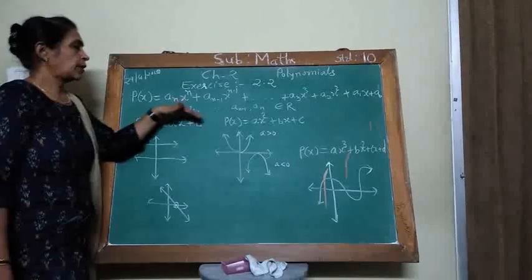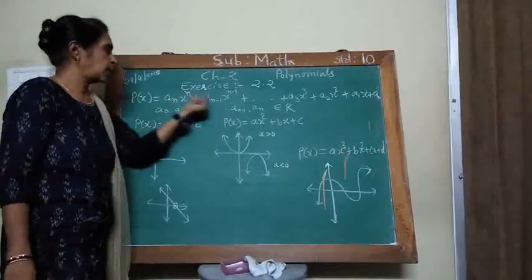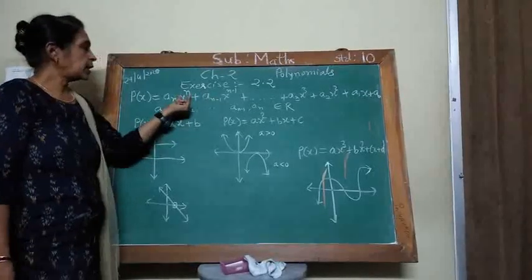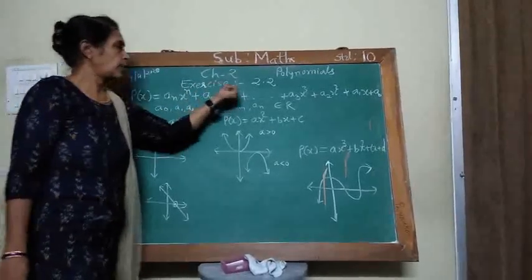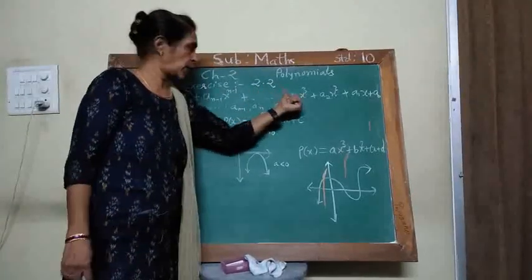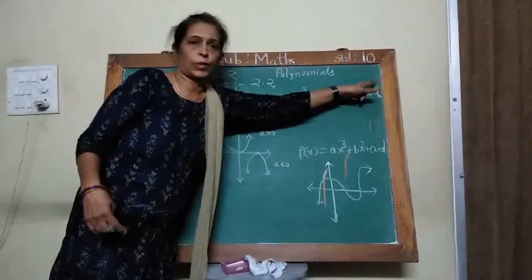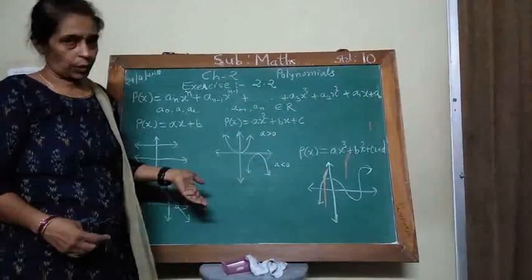Where a0, a1, a2, ..., a_(n-1), a_n belong to R, they are all real numbers. The degree of each term is n minus 1, n minus 2, and so on, and at last 3, 2, 1, and here degree is 0. x raised to 0 means 0 degree.